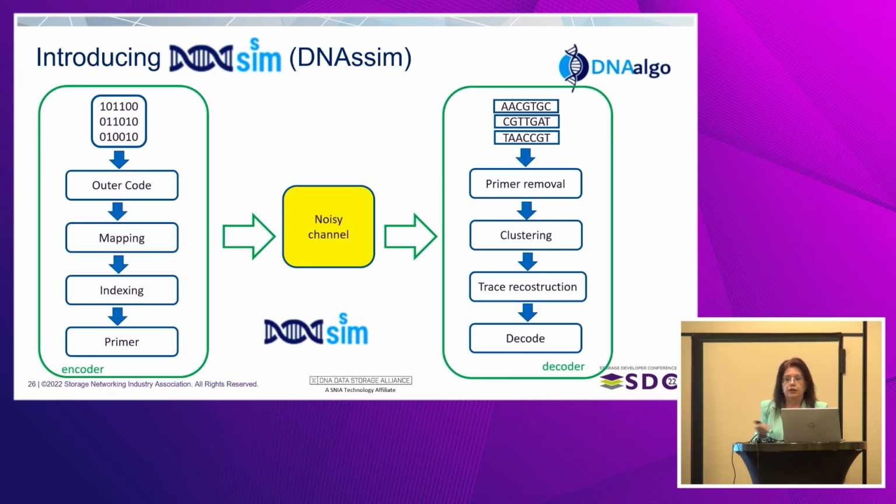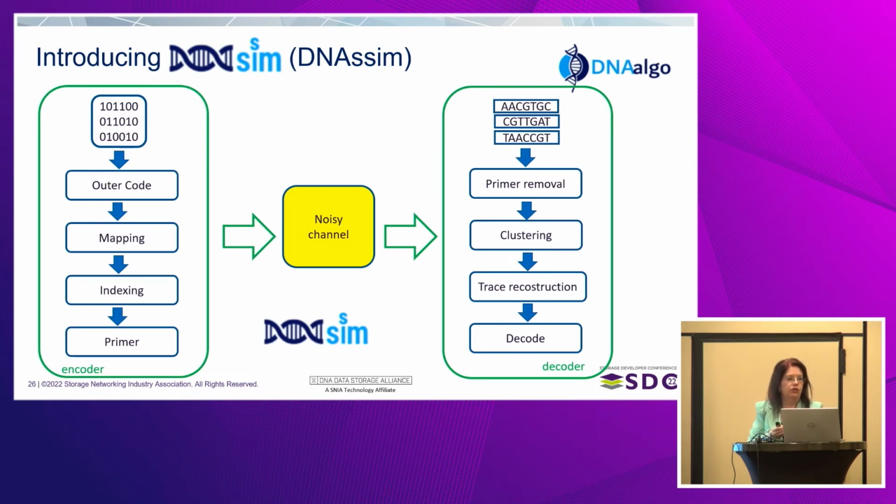So at the end, we have a huge amount of data, with each strand replicated a random number of times. Once we have all this data, we remove the primer. Then we need to understand which replicas are more likely to belong to the same strand, so we apply a clustering algorithm.